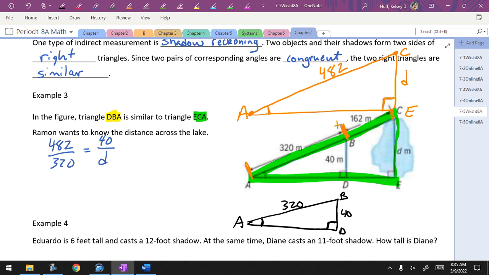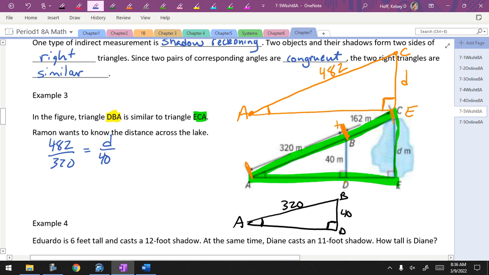I don't like it either. And when they're in the same triangle, what do you know about them? They got to be in the same part of the fraction, right? Good observation. 482 and D. So if he puts 482 on top, what else does he have to put on top? The D. So D over 40.